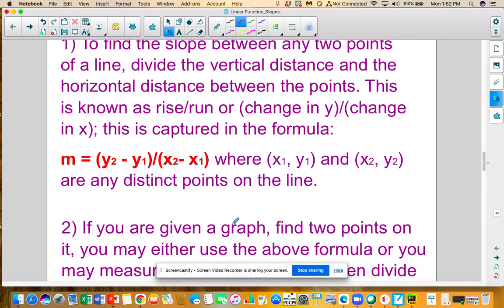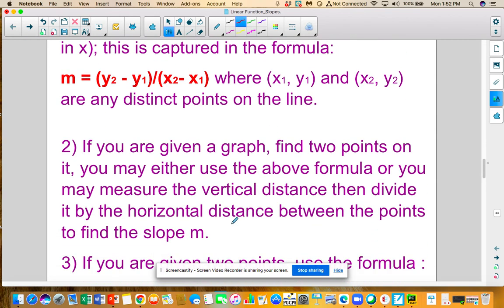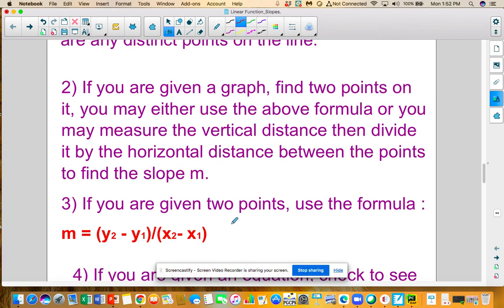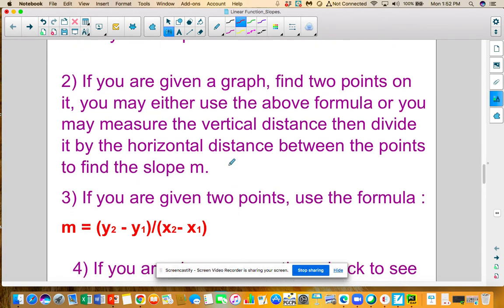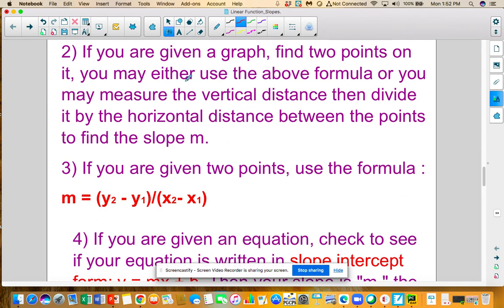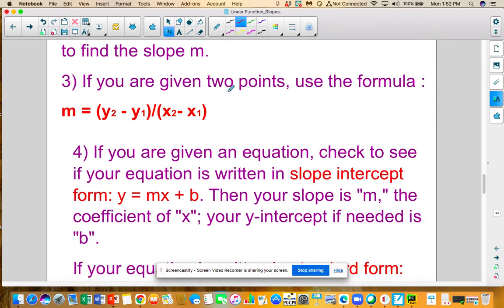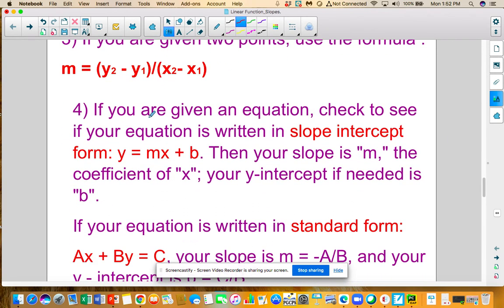You don't flip the order. So we just demonstrated how we can use the graph of a line to find the slope. If you are given the points, again, use the formula.